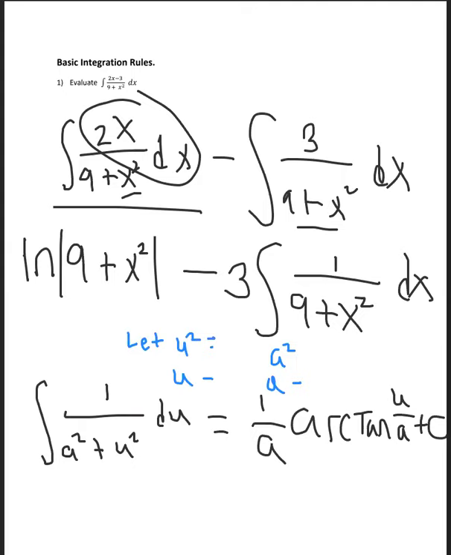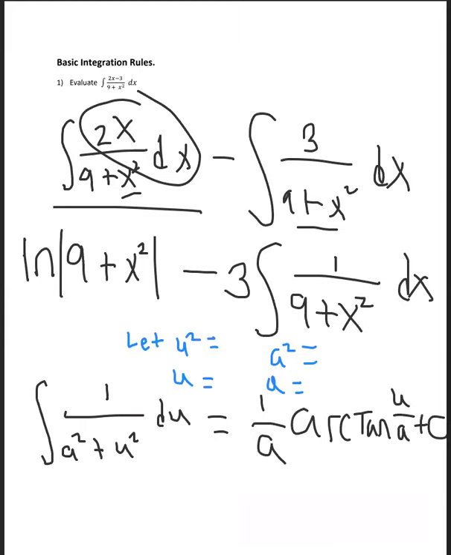So let's identify those. Remember this from calculus AB: u is like the longer version, while a is just a number. With that in mind, can one of you tell me what u squared is? You can match it up with the formula too. x squared.